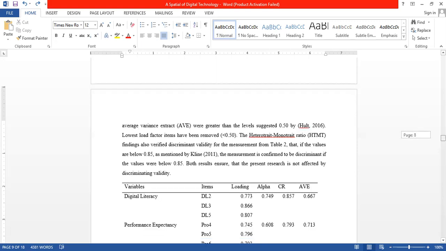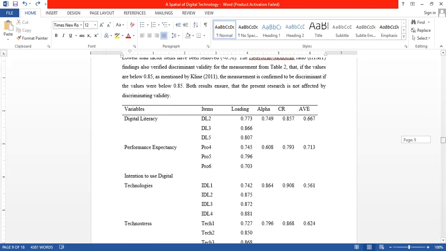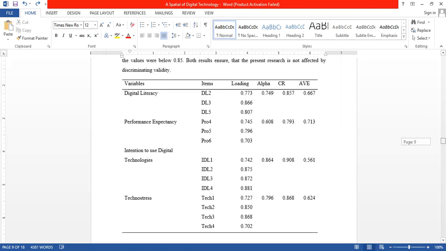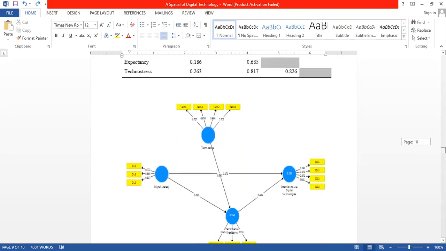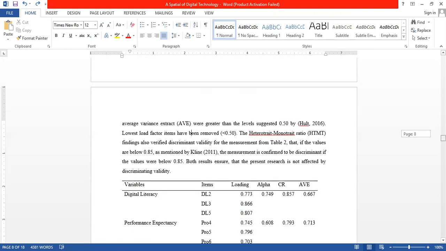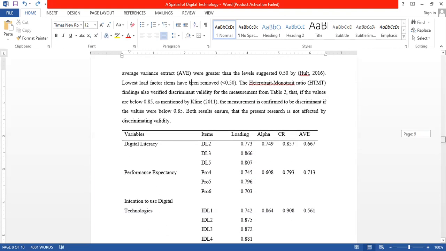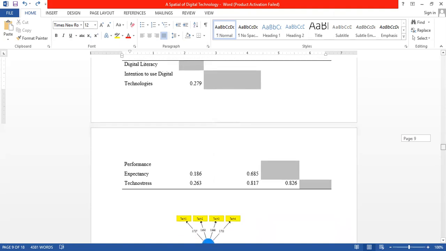You will use HTMT ratios as well, and you will also give the tables of your findings in your research paper. After that, you will also illustrate what the impact of your research was and what the probability values of your variables were, whether they were reliable results or not, whether they were supporting your ideas or not.